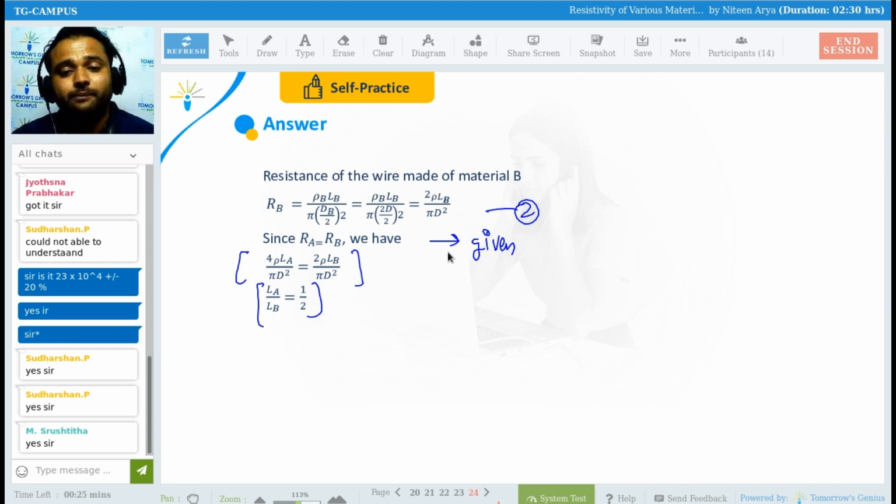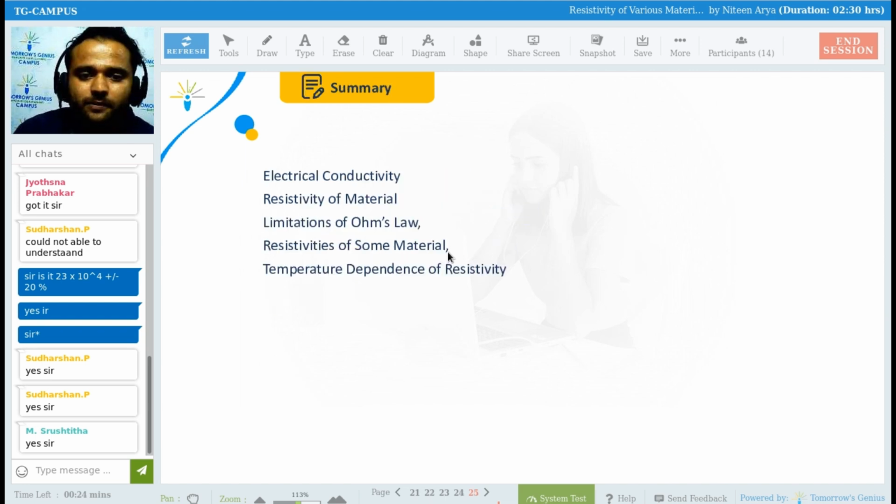I'm telling this to each student. This is the way to approach the question, because calculations and numeric values will be more in general, so at the end you need to put down the numeric value.